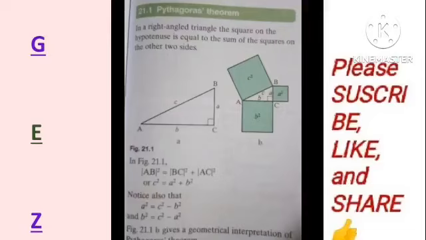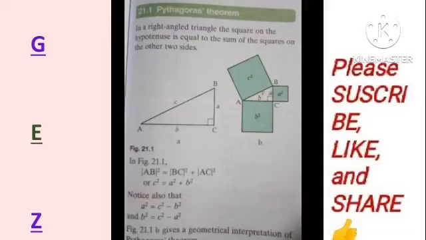Now in the second colored image, you can see that when we stack the sides of three different squares, we'll get a right angle triangle. Now you can see that in this triangle, these are squares, C squared, A squared and B squared.